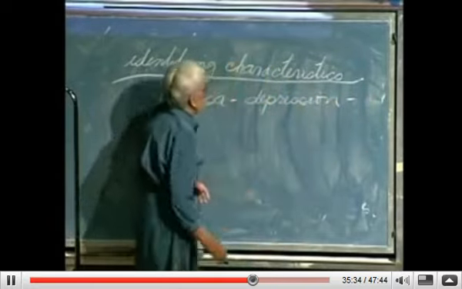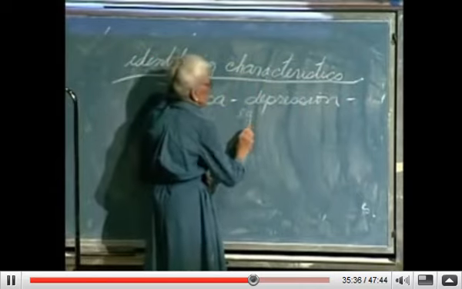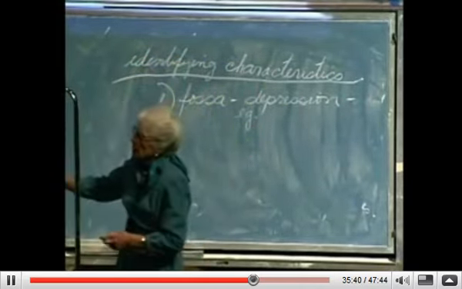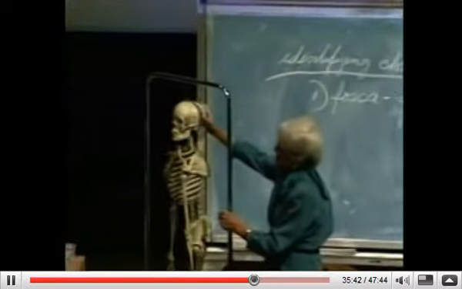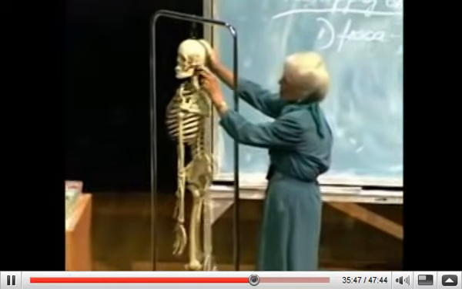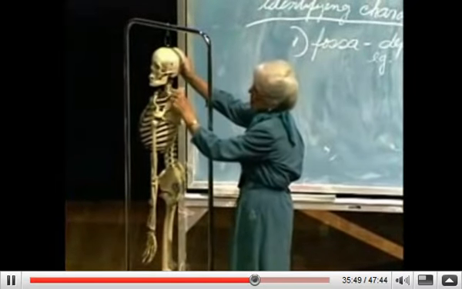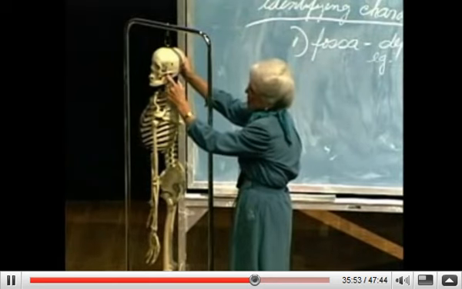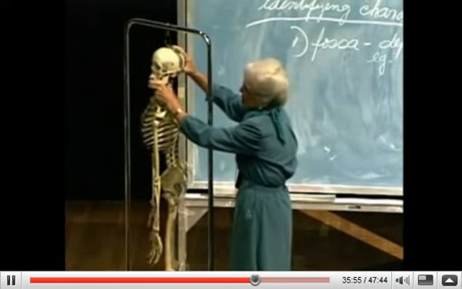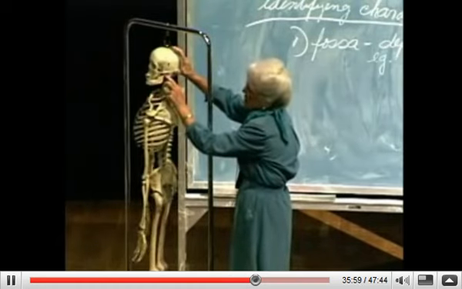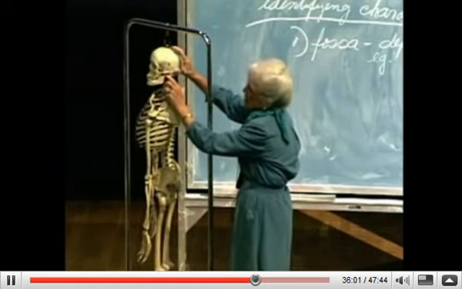What's the example I'm going to give? It's called the temporomandibular joint. We know the mandible is going to be involved. This bone is the temporal bone, so it's the temporal mandibular joint. There's an indentation there to allow us to do this. Indentation right there. That's a fossa.